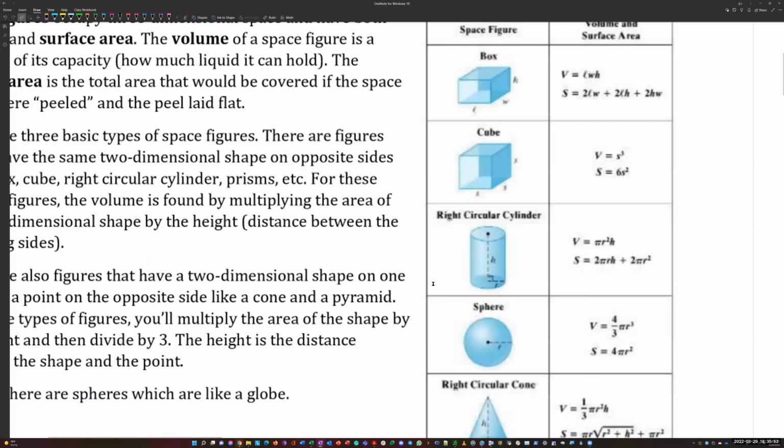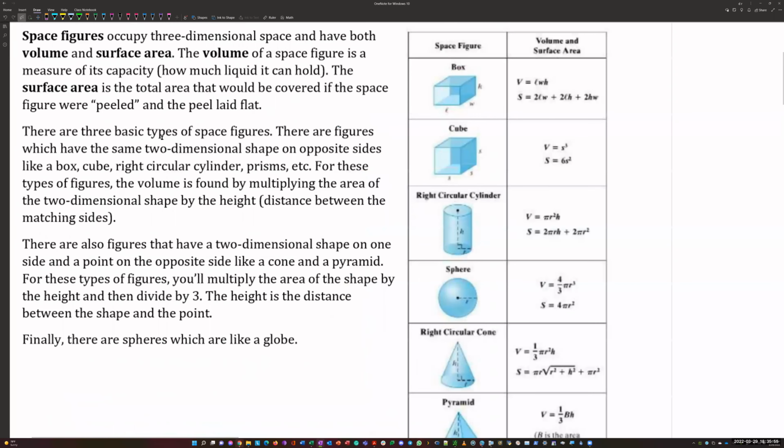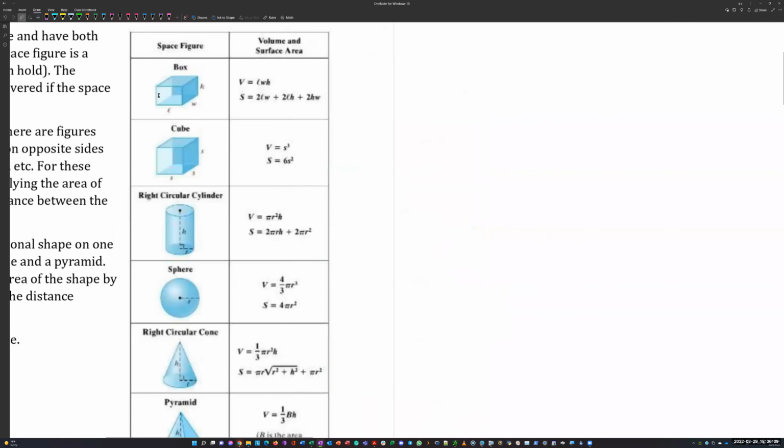So he says there are three basic types of space figures. The first are figures which have the same two-dimensional shape on opposite sides, like a box, cube, right cylinder, prisms, etc. For these types of figures, the volume is found by multiplying the area of the two-dimensional shape by the height. So if we have a box right here, I think we briefly mentioned this last time.